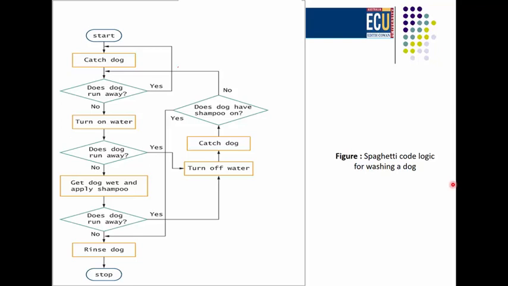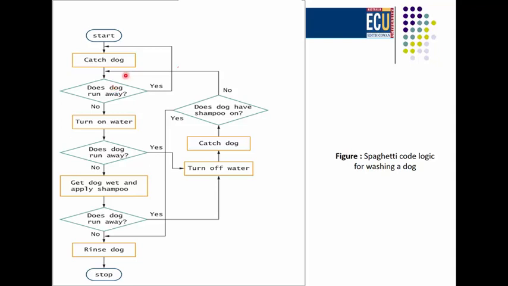We look at some best practices, some rules that govern how a flowchart should be developed. This is another example. It's about washing a dog, which is a very simple activity, but over here it looks very complex. If you see over here, this oval shape tells the boundary of the program, start and end, and these rectangular boxes tell us some computation is happening, and these diamonds tell us some decision is being taken.